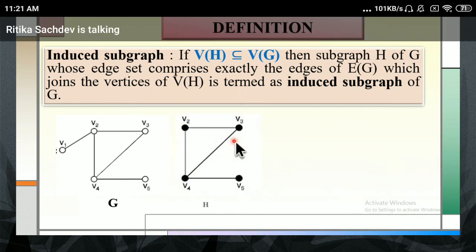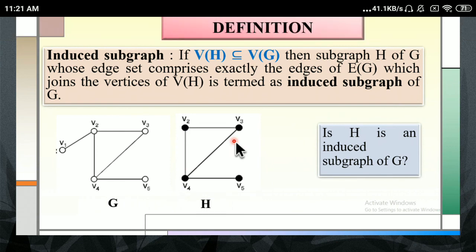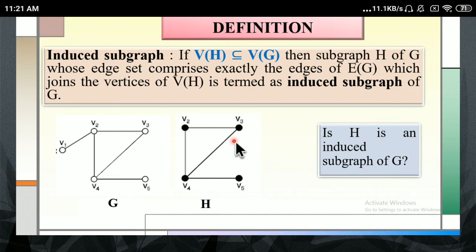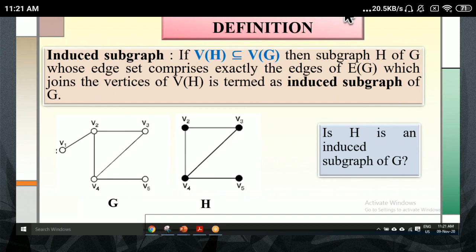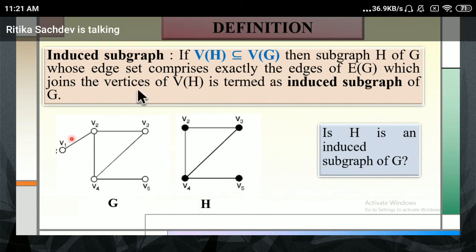Check with this. Is H an induced subgraph of G? After removing vertex V1 from G, will you get this particular graph? Is it an induced subgraph?